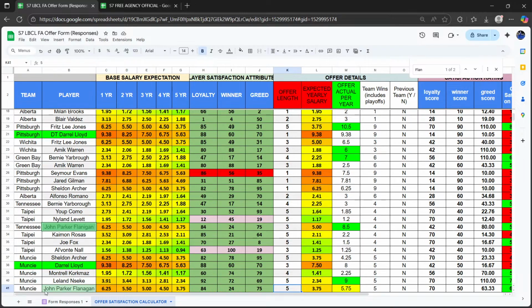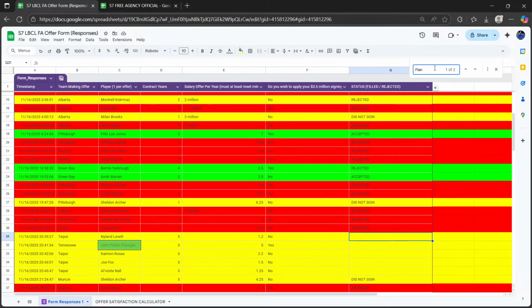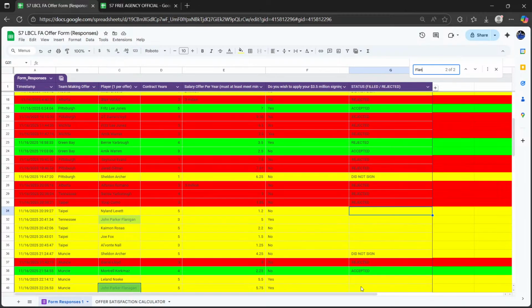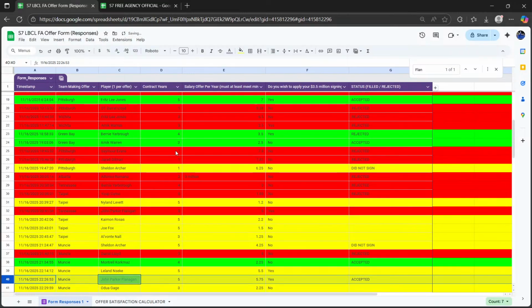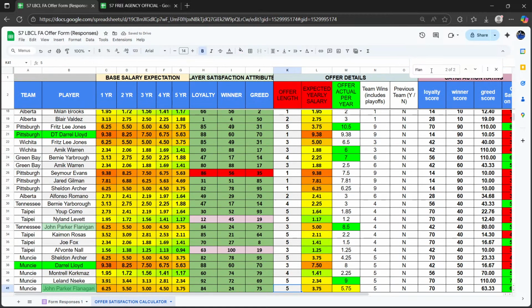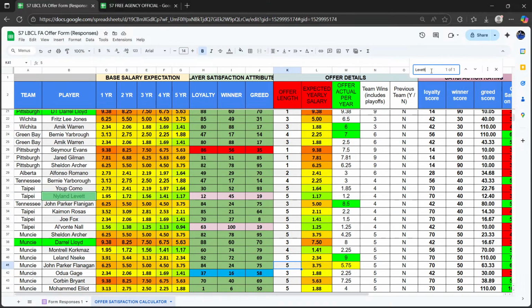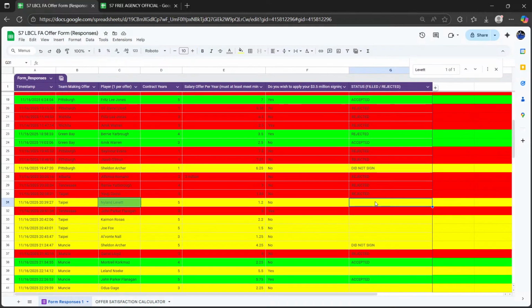So Flanagan is going to go to Muncie. Levitt, that one, Taipei. Oh, we already looked at that one. I need to write a rejected on there.